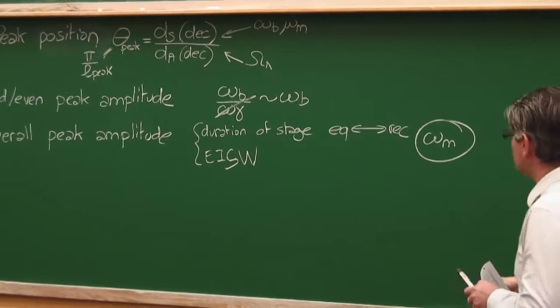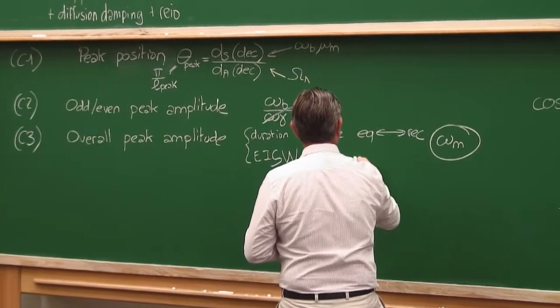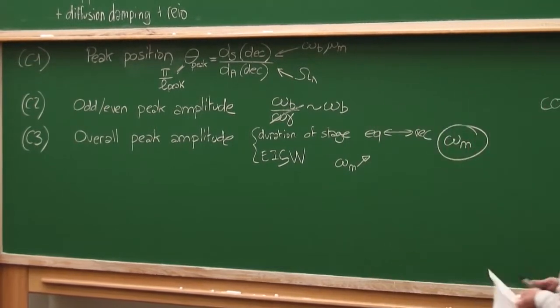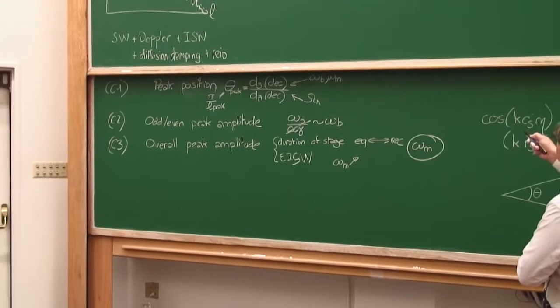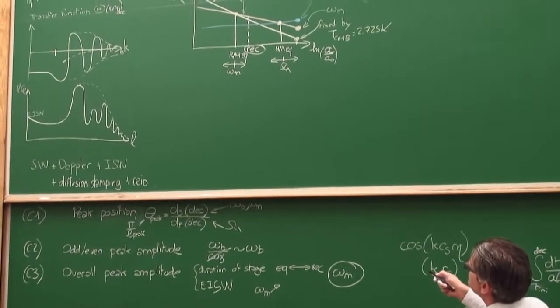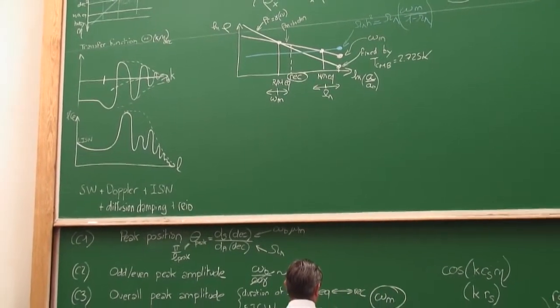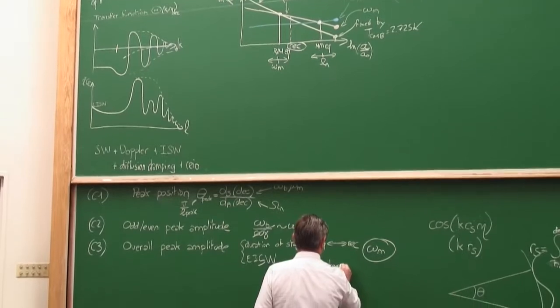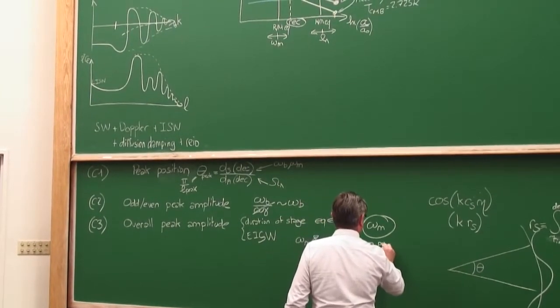Let's try to be more concrete. Let's do the following reasoning. Omega m increases. If omega m increases, the red curve goes higher. Equality takes place earlier. So there is more damping of the fluctuation because the intermediate stage is longer, and the peaks go down.